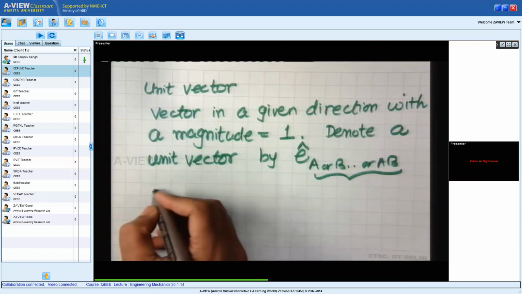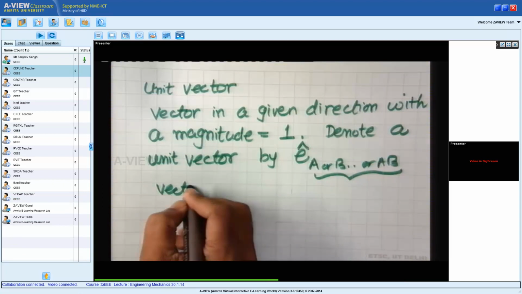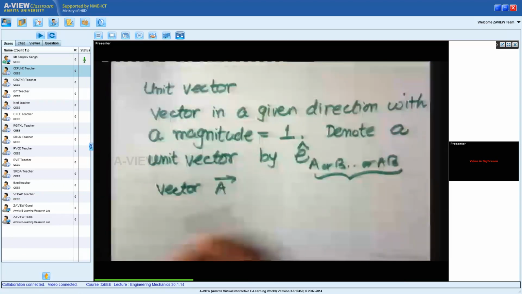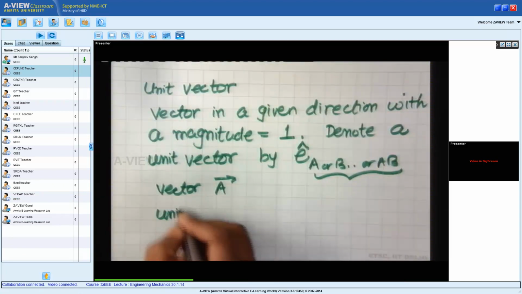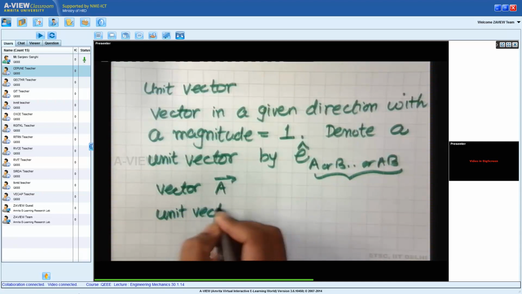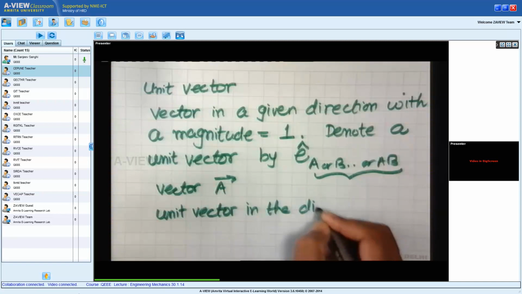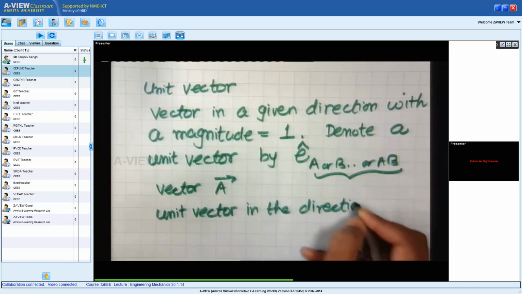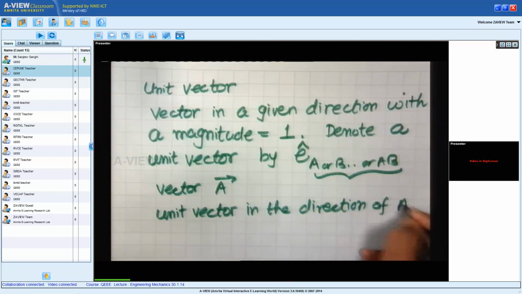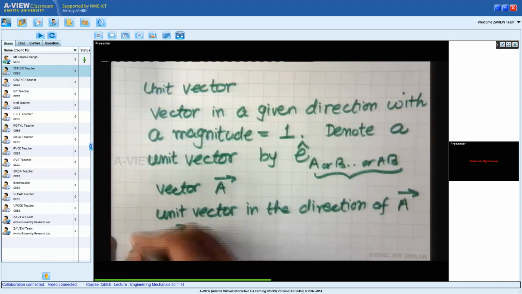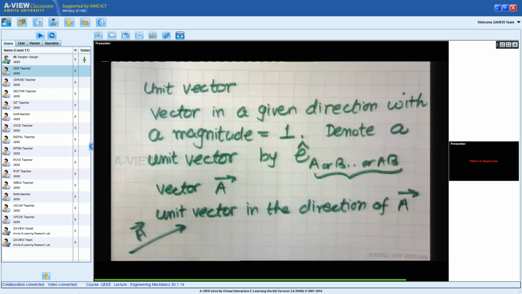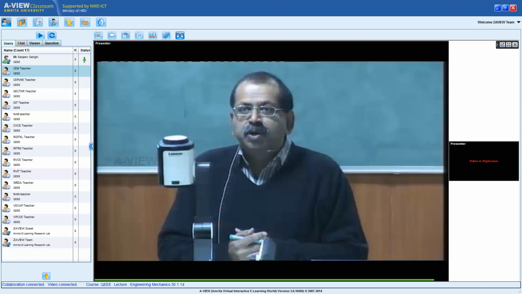And so if we have a vector A, then the unit vector in the direction of A. Physically, this is a vector A. Depending on the quantity it represents, it could have its units. For example, if I am talking of a force, this could be a force of 800 newtons.